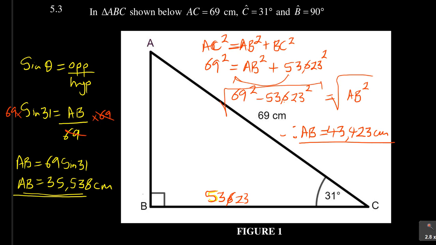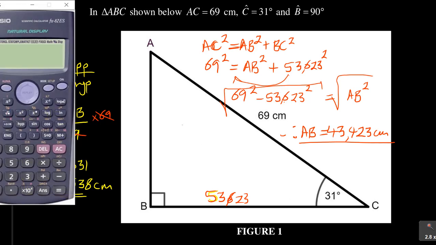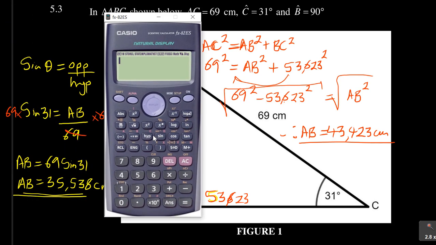Now compare the two answers. Something is different here. If I can just use the calculator again, just to cross check if I did punch it correctly. It's the square root of 69 squared minus 53.623 squared, like that.